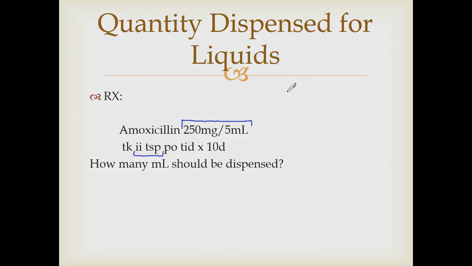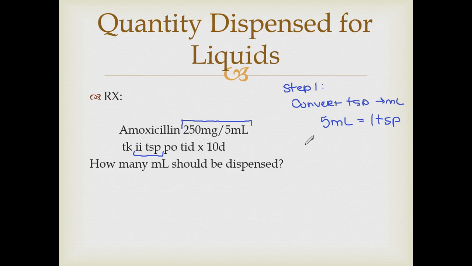So step 1, we're going to convert teaspoons to mLs. Now when I look at the conversion factors in my book, I have 5 mLs is equal to 1 teaspoon.